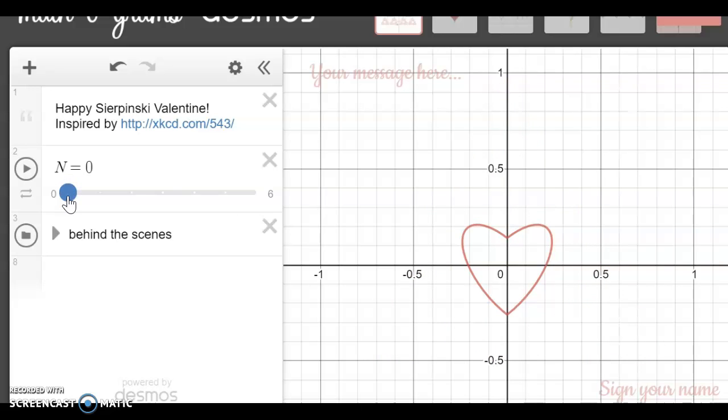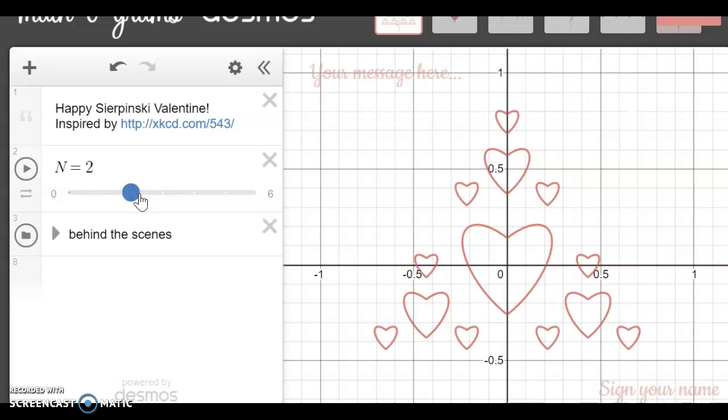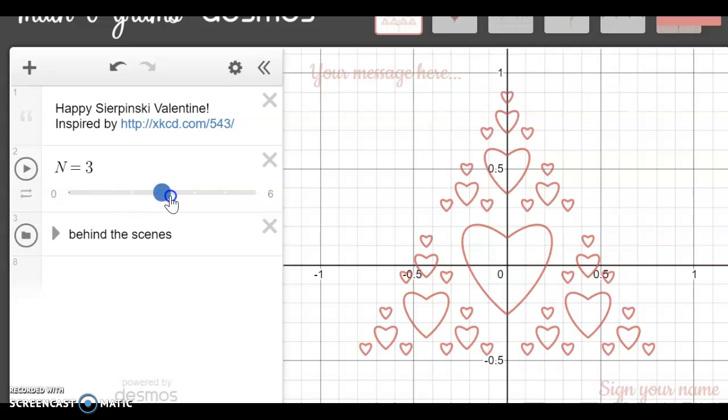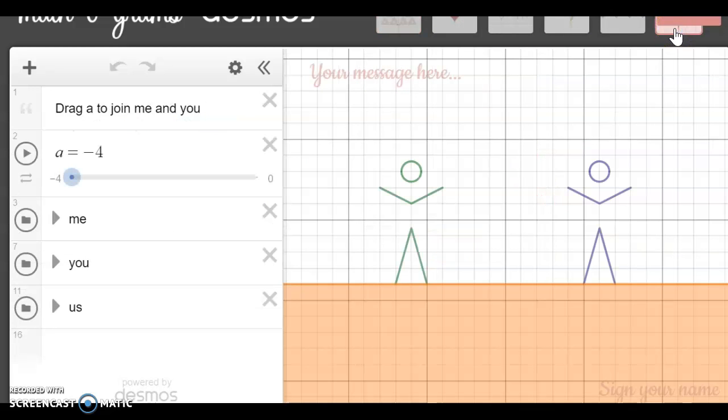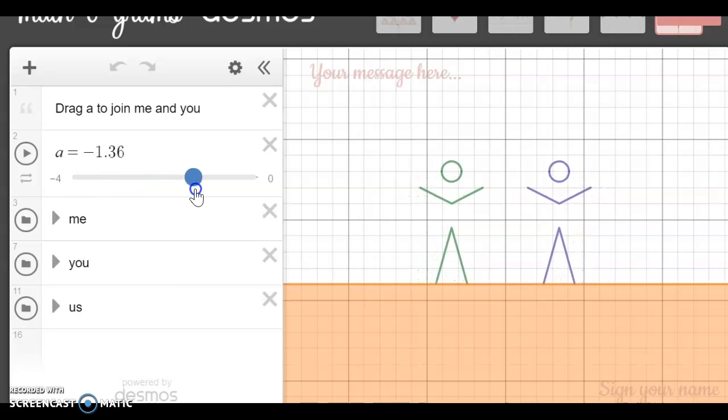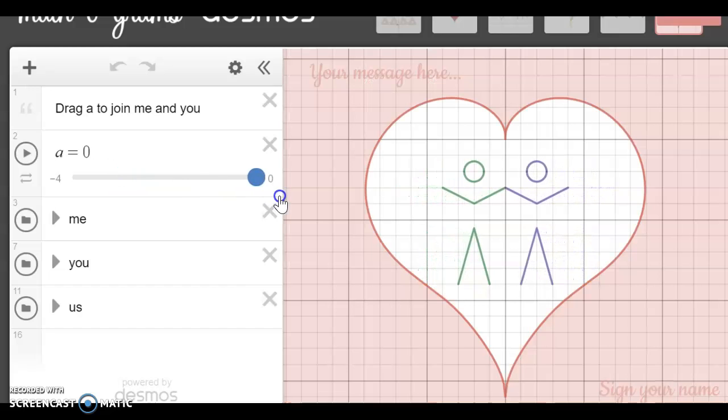So you can create one heart, and then from there, at each of the 3 corners I can create a half size heart, and then do that again and continue to do that, and you end up with a fractal. Here you go. And this is pretty cute too. Voila.